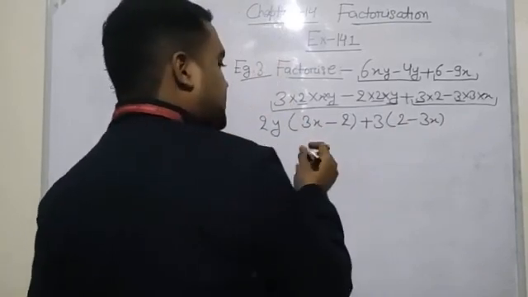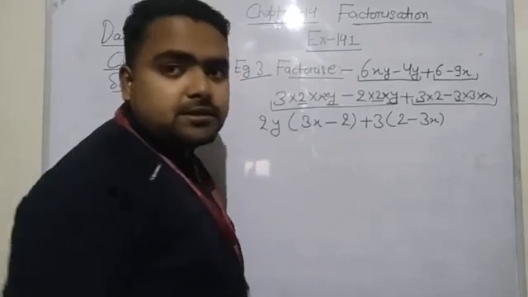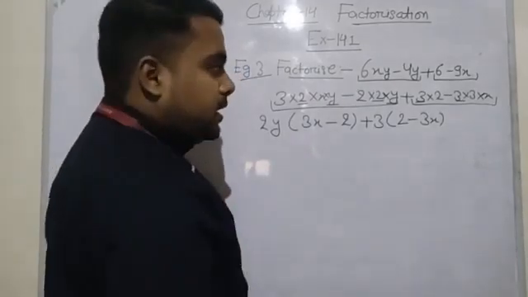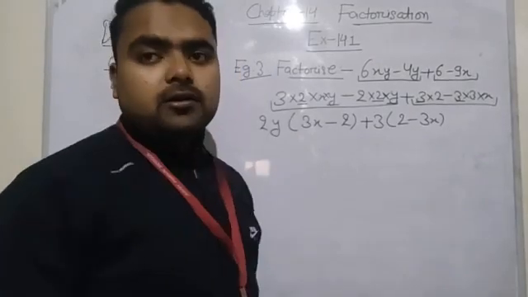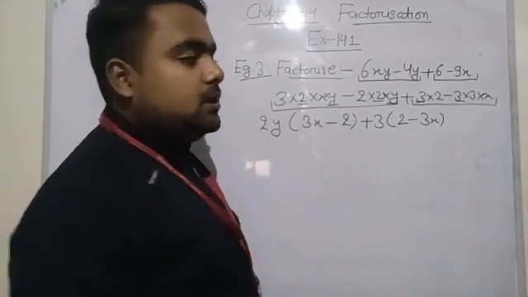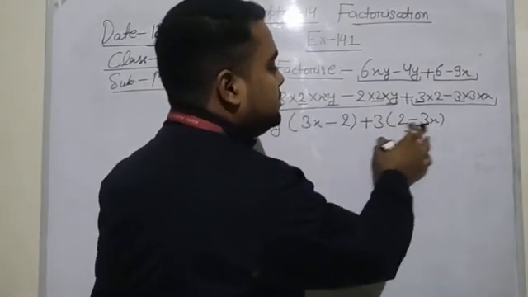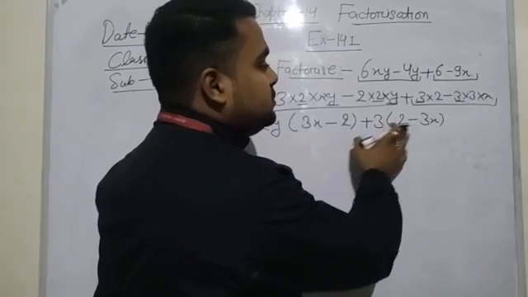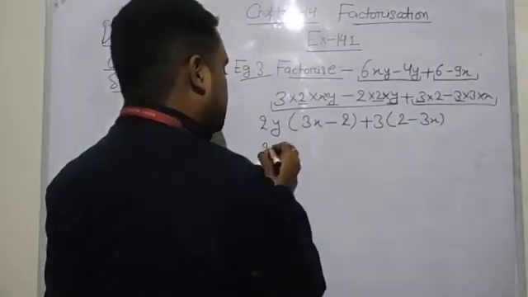So here we can see that 3x minus 2 is the one bracket, and here 2 minus 3x. Both the terms are the same, but the only difference is the minus sign. Okay, so if we take the minus sign common from these two numbers, then this can be written as this one.